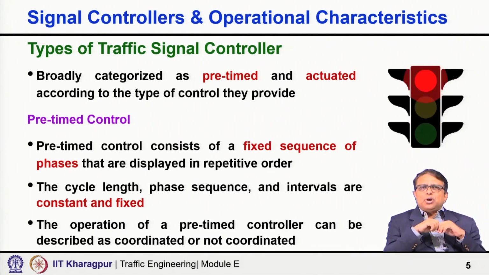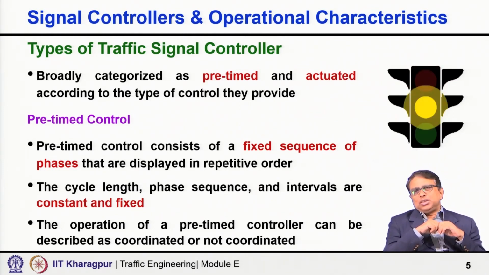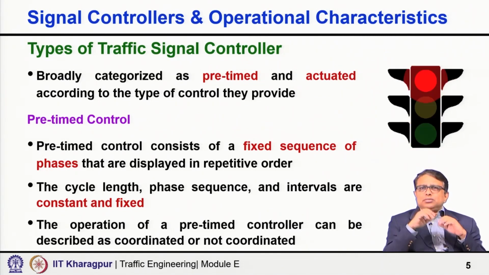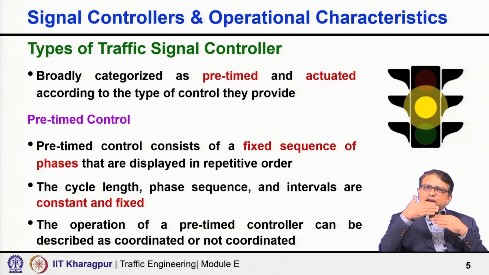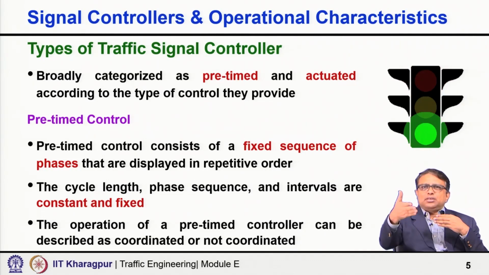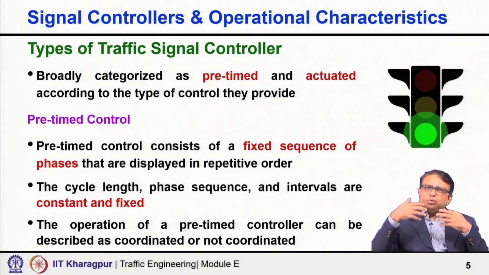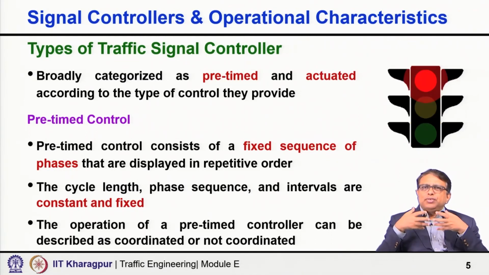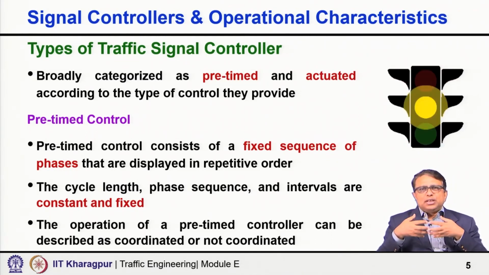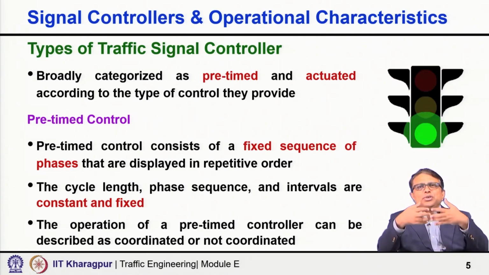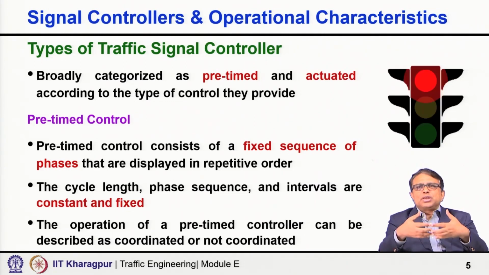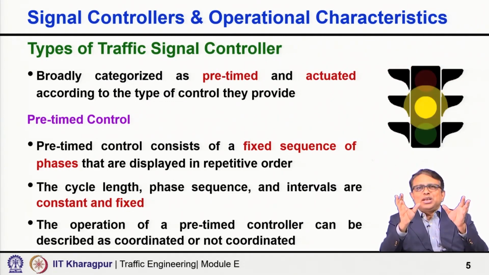Now, the operation of a pre-timed controller can be described as coordinated or non-coordinated. Of course, I have not yet discussed signal coordination, but very briefly, when signals are closely spaced, we want to adjust the green timings in such a way that once a bunch of vehicles is discharged from the upstream signal and reaches the downstream signal, green time is given at the downstream signal at the moment the bunch arrives.